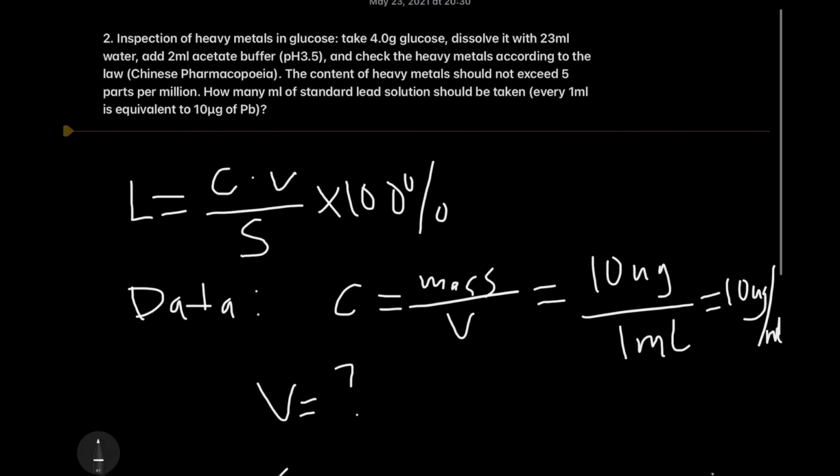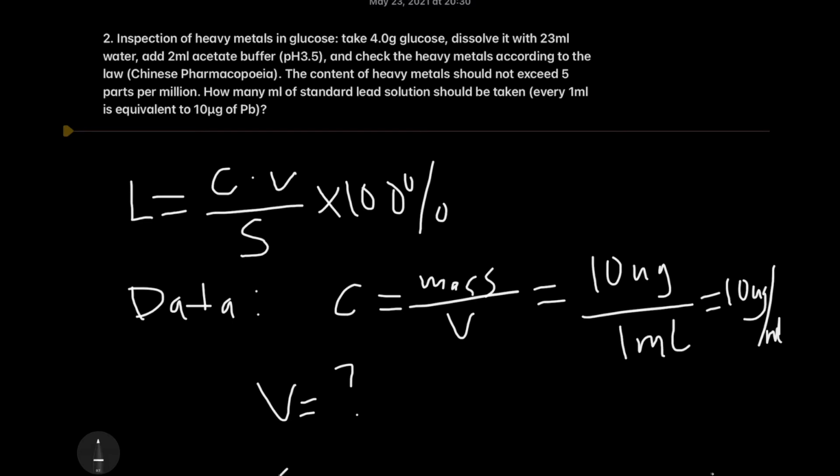Okay, let's see now from the question. This is slightly different from question 1. As we can see here, we took 4.0 gram of glucose. In this question, we are testing the entire 4.0 gram of glucose. We are not dissolving it in water and then getting a specific amount of solution to check for heavy metals.